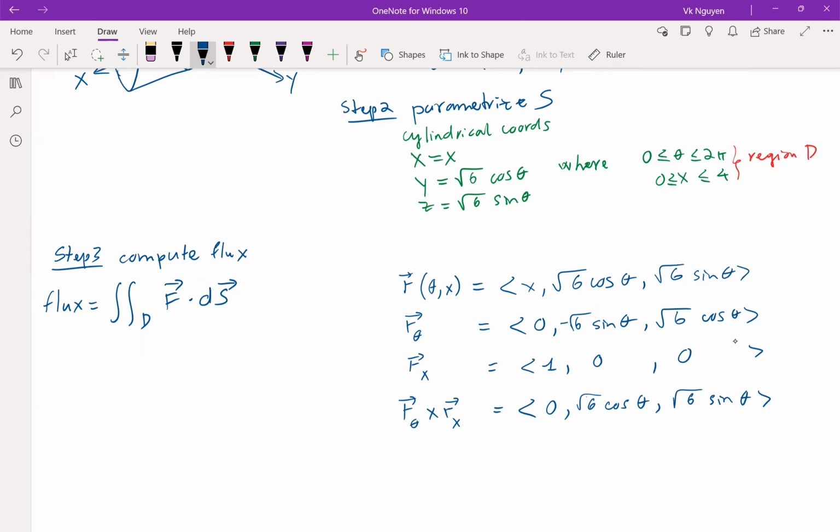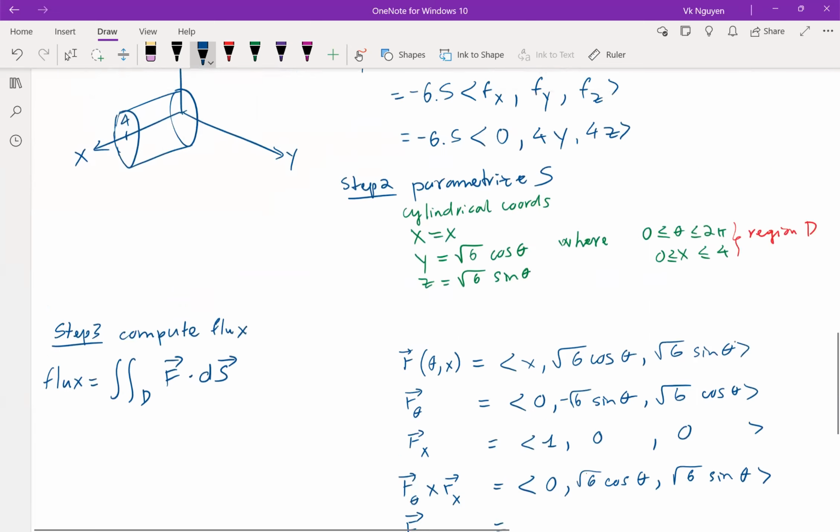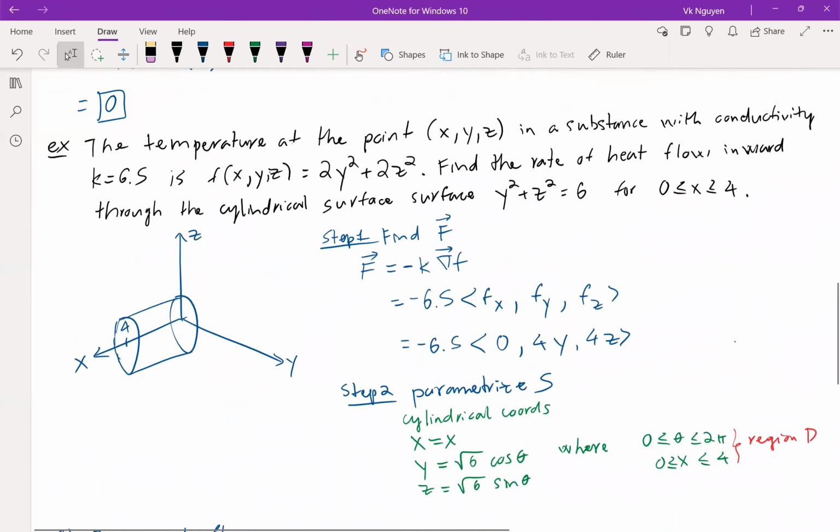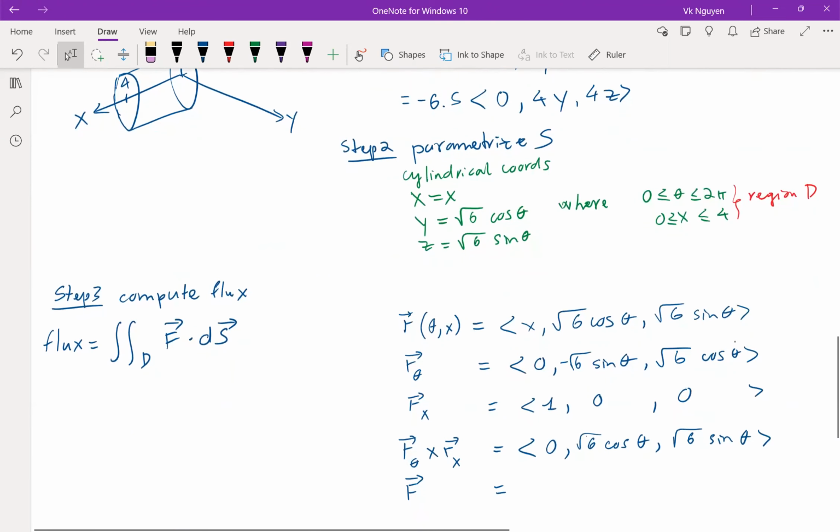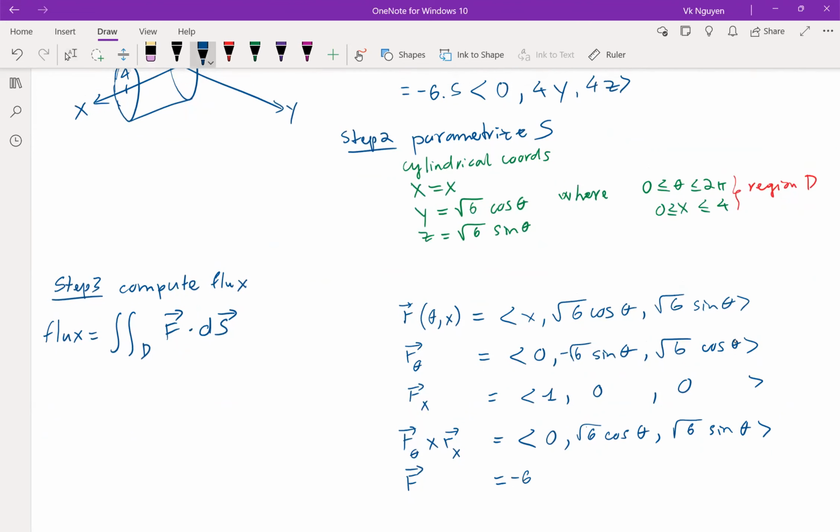Okay. F is going to be, where's the vector field F here? 0 for y, for z. So negative 6.5, for root 6 cosine theta, for root 6 sine theta.